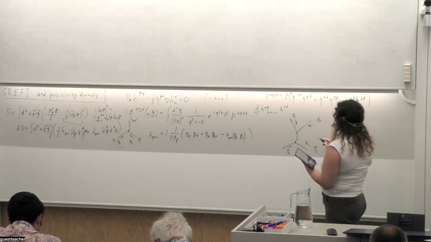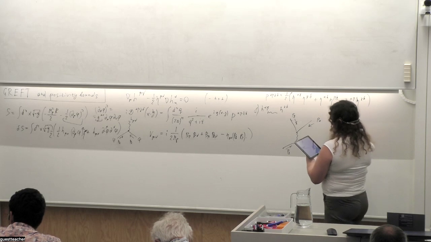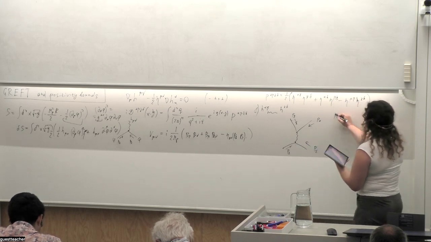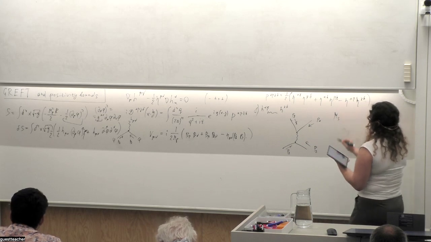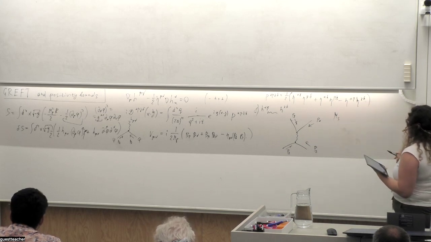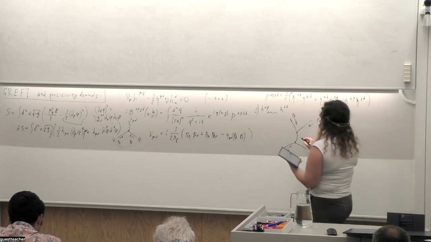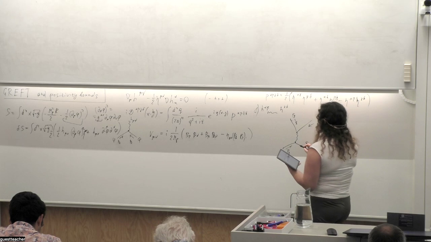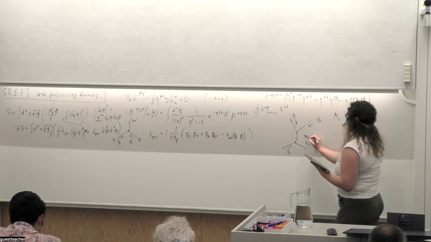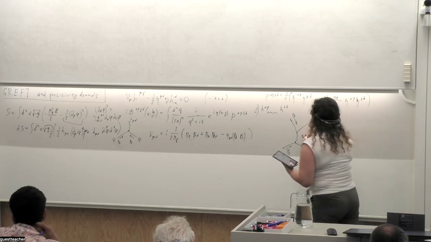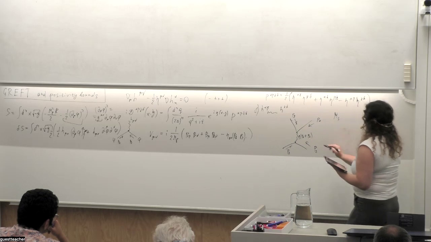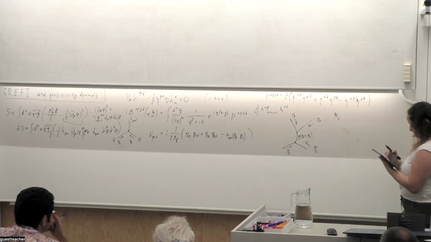So for this particular diagram, we have the amplitude, which I'll call M_s, which means that it's kind of the S-channel amplitude, as it will contain P1 plus P2 in the propagator. So here we have the P1 plus P2 combination.